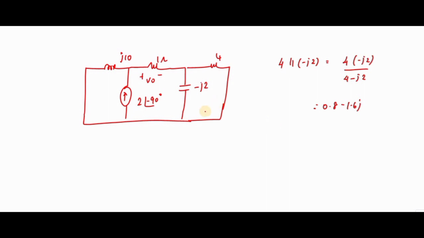Now I can replace this entire circuit with 0.8 and a capacitor of minus j1.6.